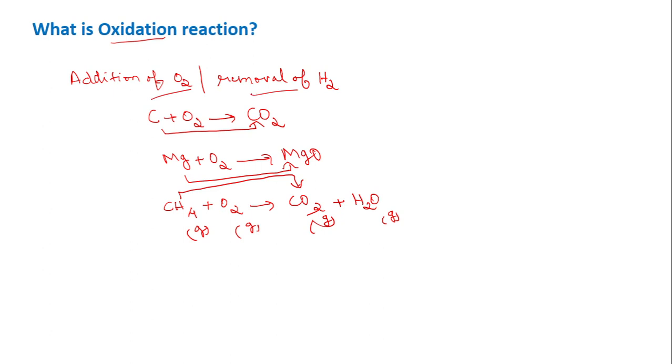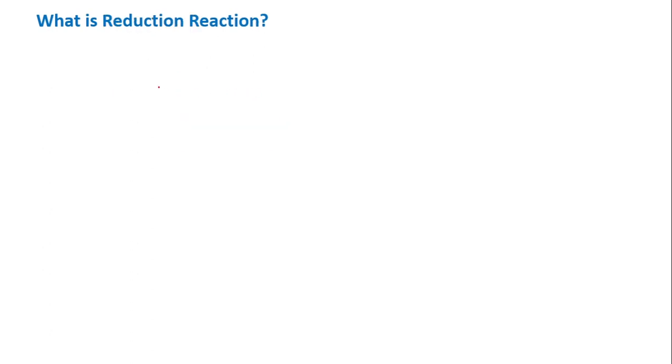Let us learn what a reduction reaction is. Reduction reaction means removal of oxygen or addition of hydrogen. Now let us take some examples to understand what a reduction reaction is.